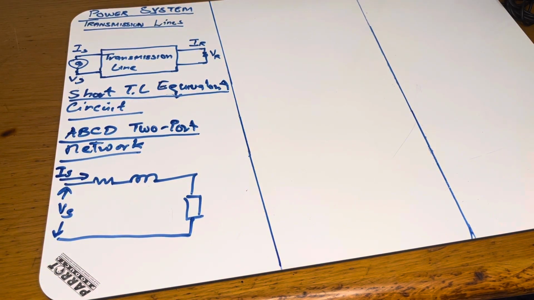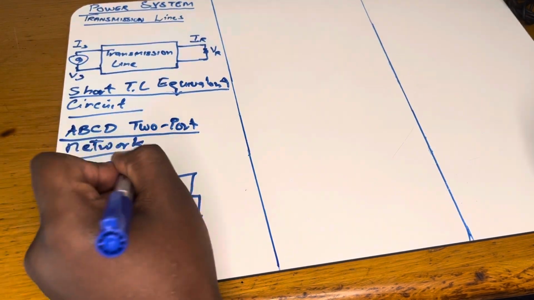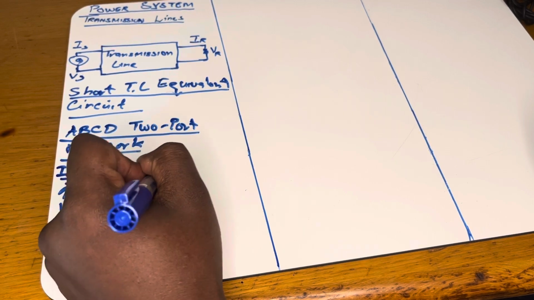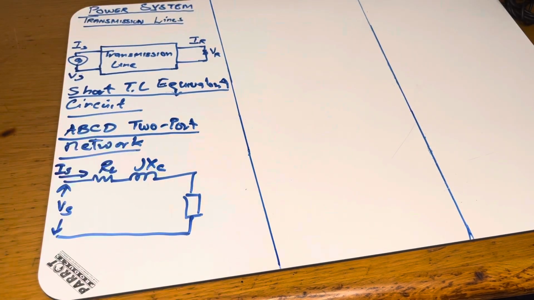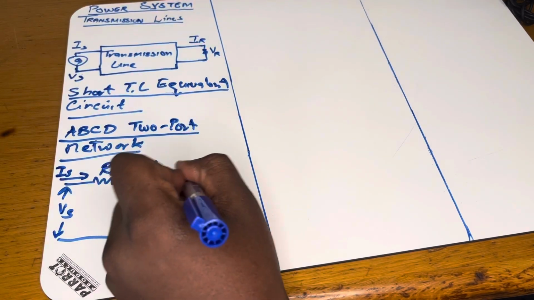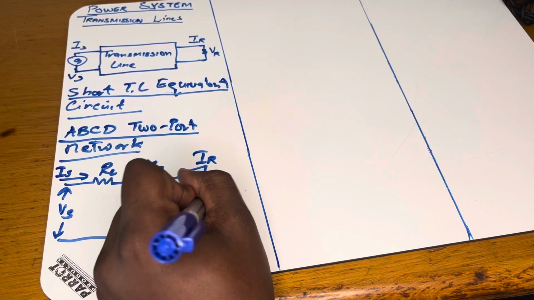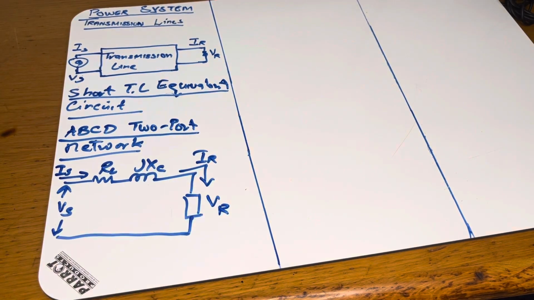At this point I'm sure we all know that the equivalent circuits are written in single phase diagrams. So we have a resistance of the line, and inductance of the line. On the receiving end we have IR, and VR, the voltage at the receiving end.